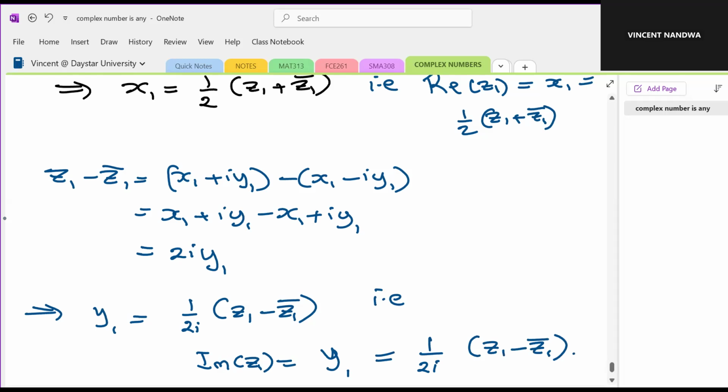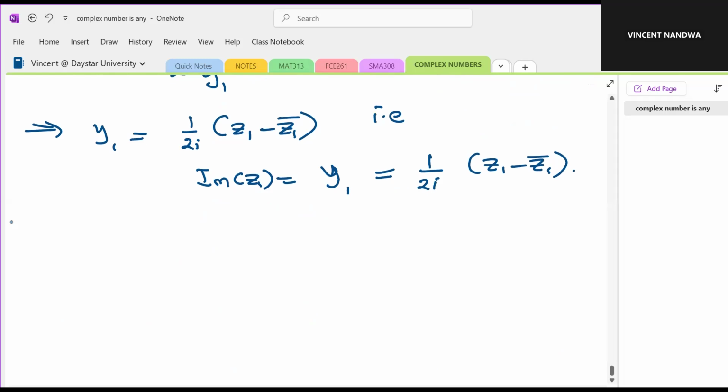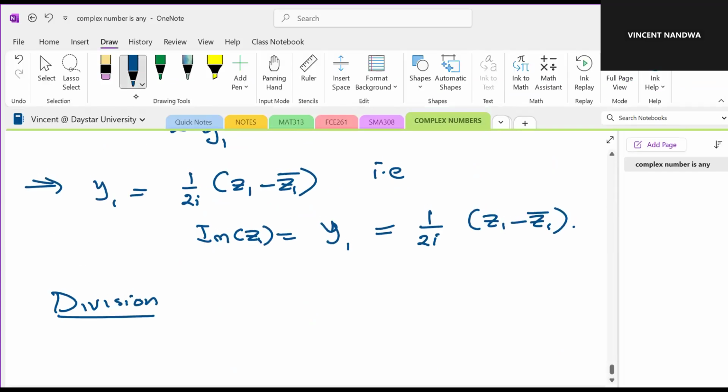So now that you understand the meaning of the conjugate of complex numbers, the division of two complex numbers can be defined.